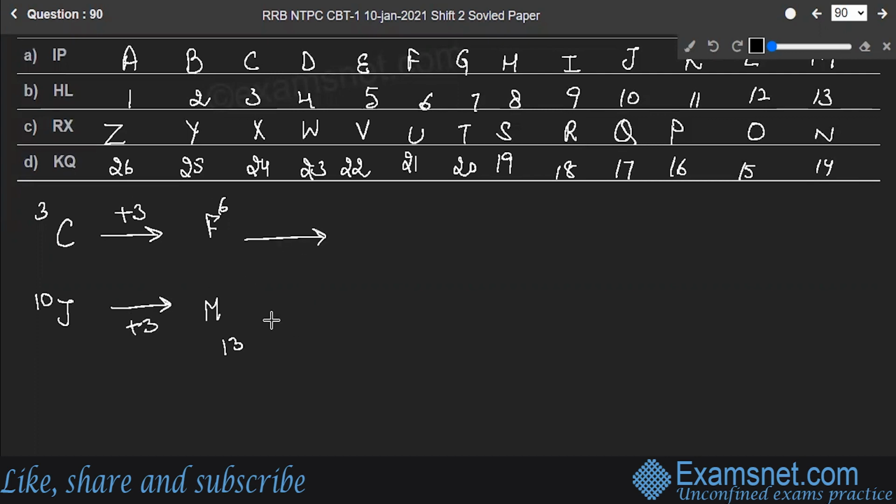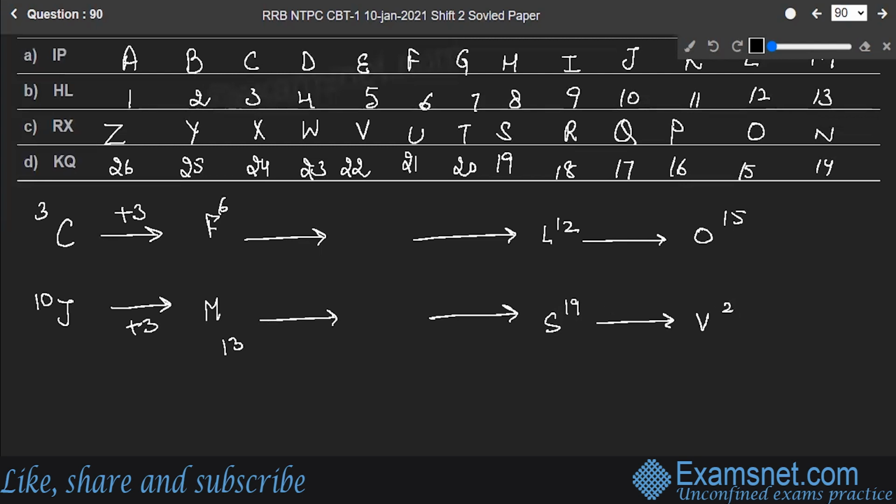Plus 3. I don't know the next one. I'm leaving the space. The next ones are L, S, and next is OV. L is at position number 12. O is at 15. S is at 19. V is at 22. So plus 3, plus 3.